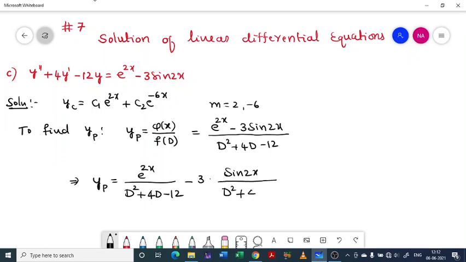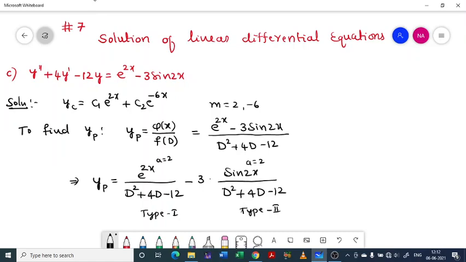Okay. Now look into the first term. It is of type 1 and here a equal to 2. This second one is of type 2 and here a is 2 again.